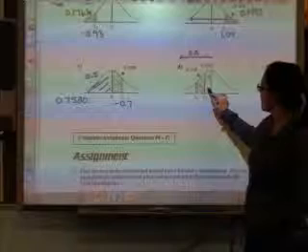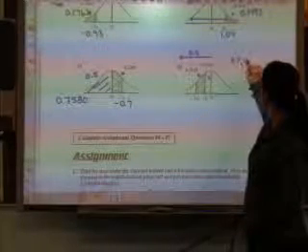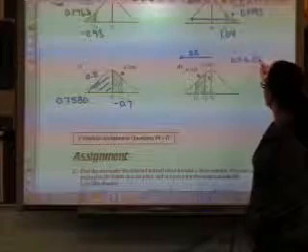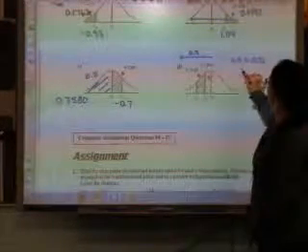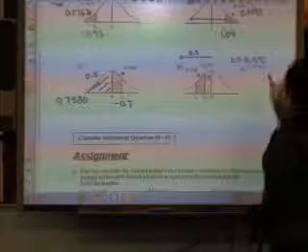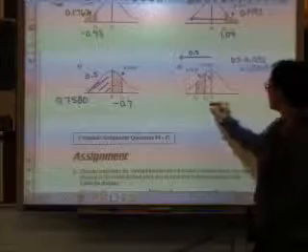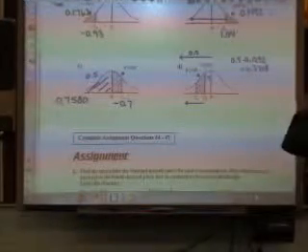So if I take off this amount, 0.5 minus 0.1292, what I get is 0.3708. That's going to be everything to the left of Z2.